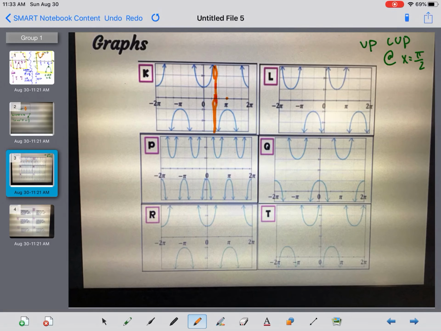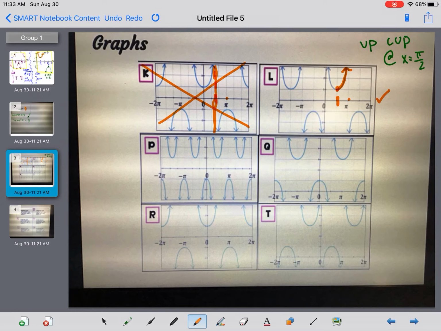Do you see an up cup at pi over 2? No, you don't. You see a vertical asymptote at pi over 2, but you do not see an up cup at pi over 2. So that cannot be the graph. Look at L. If this is pi, then pi over 2 should be in the middle. And notice right here, we have an up cup that starts at pi over 2. So we're going to leave that one alone.